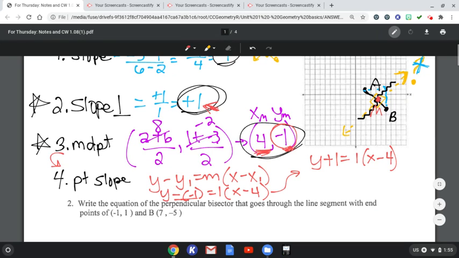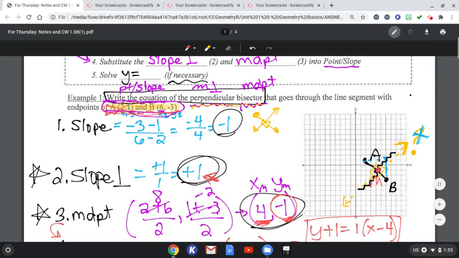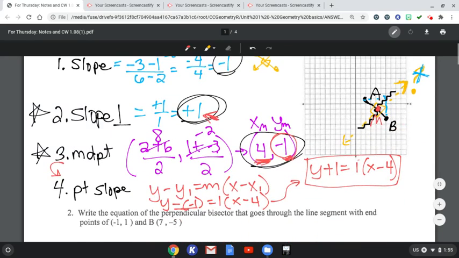So that's our final equation, the equation of the new line. Now the last step says to solve for y if necessary. When I distribute this 1, we get y plus 1 equals x minus 4. And if we subtract 1 from both sides, y equals x minus 5. Sometimes you'll see answers in this format, which is your slope-intercept form.